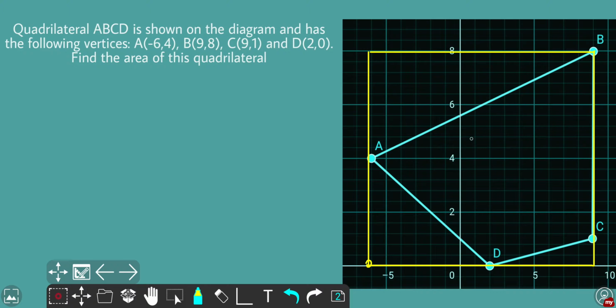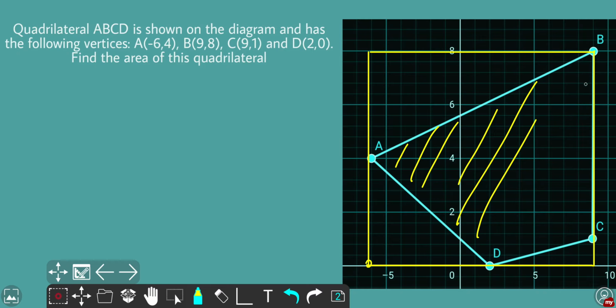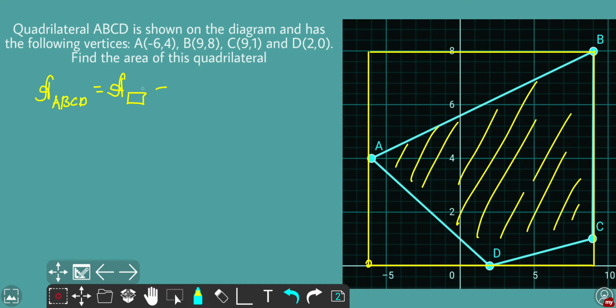Okay, how to calculate the area of the quadrilateral which is inside the rectangle, using the principle of superposition. What I mean is that the area of the quadrilateral ABCD is going to be the area of the rectangle, which I just put around it, and we take away the area of the first triangle.